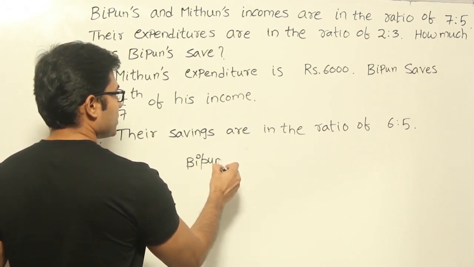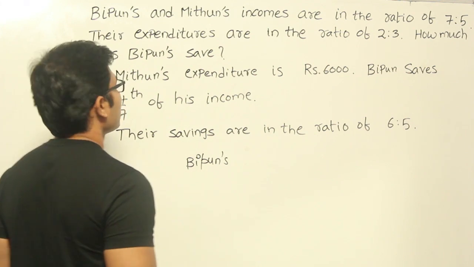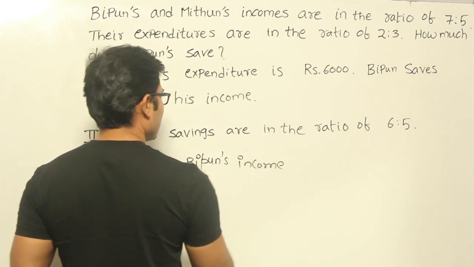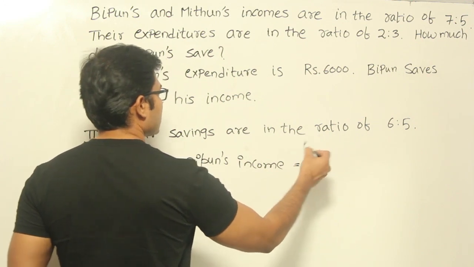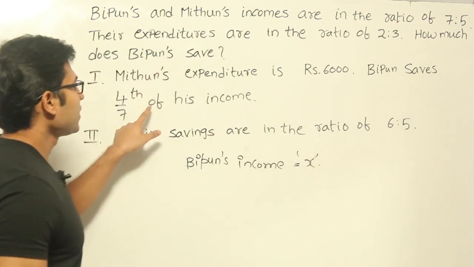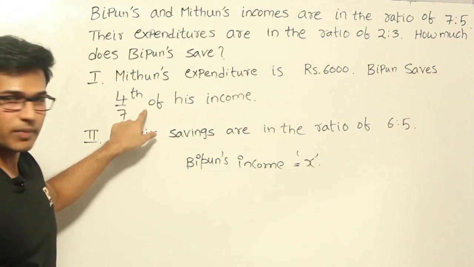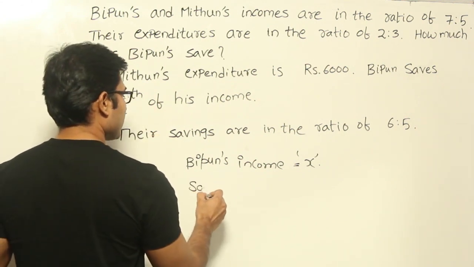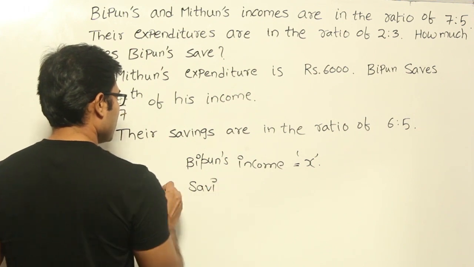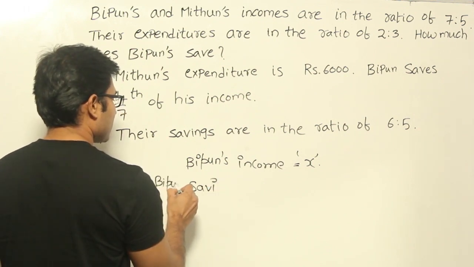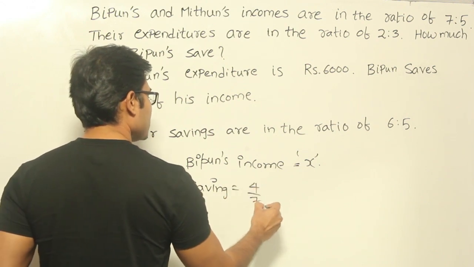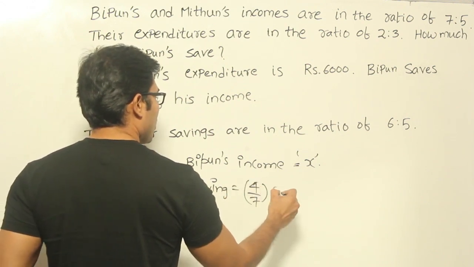Now he is saying that Bipin saves 4/7 of his income, therefore Bipin's saving is equal to 4/7 of X.